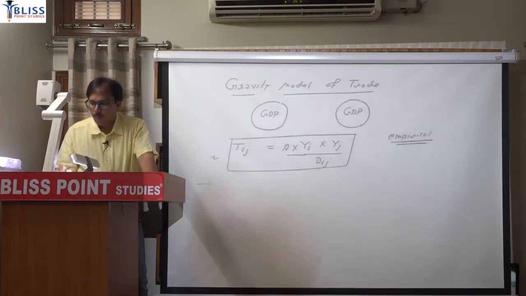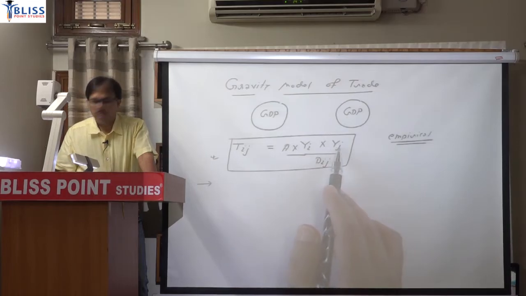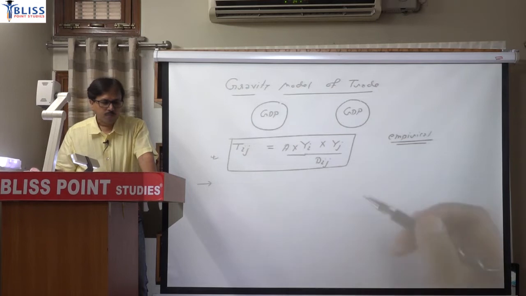You can write this equation: trade between country I and country J is equal to A, a constant number, times Yi, the GDP of country I, times Yj, the GDP of country J, divided by the distance between country I and country J.